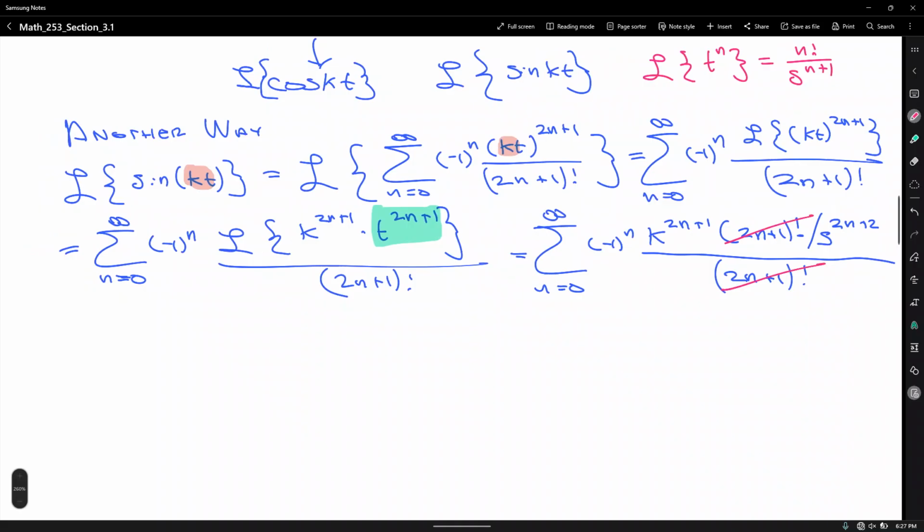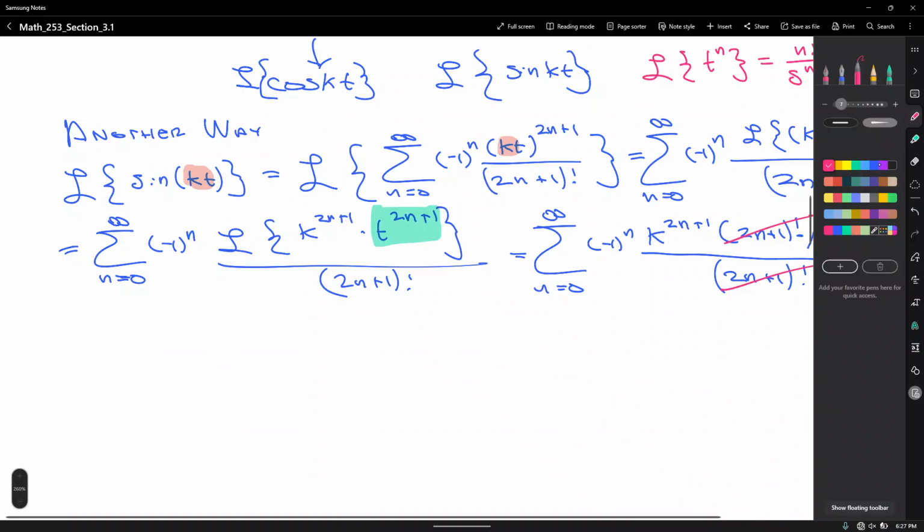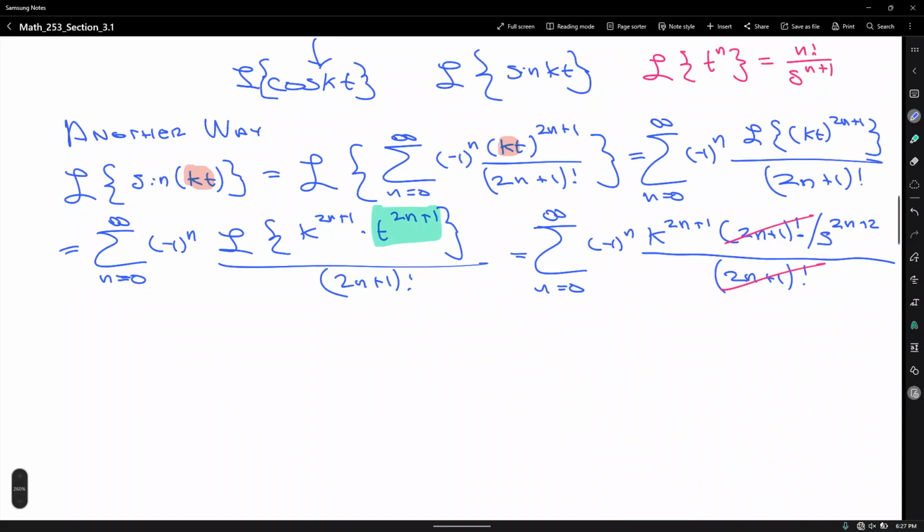And I'm going to break down this k^(2n+1) like this. This will be the sum from n equals 0 to infinity of (-1)^n, k^(2n). I'm going to write this as k times k^(2n), divided by s^(2n) times s squared.